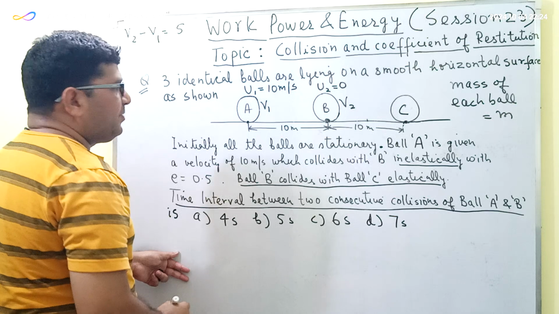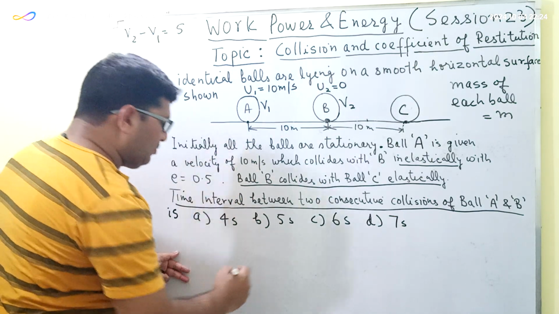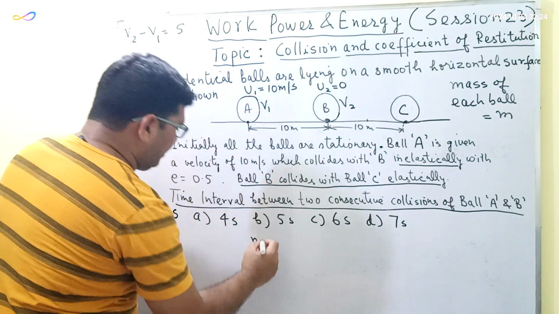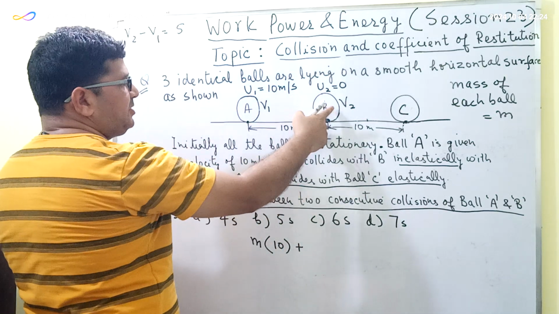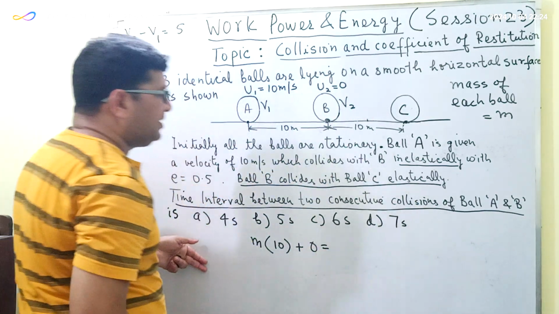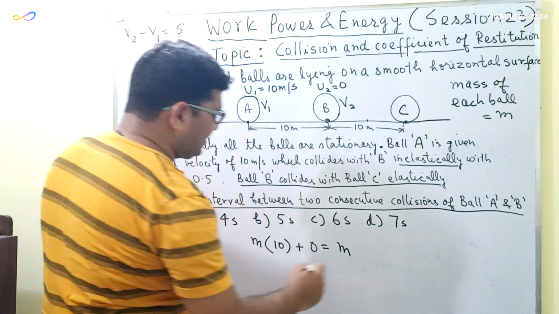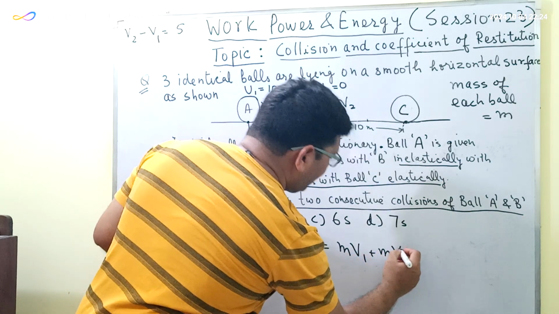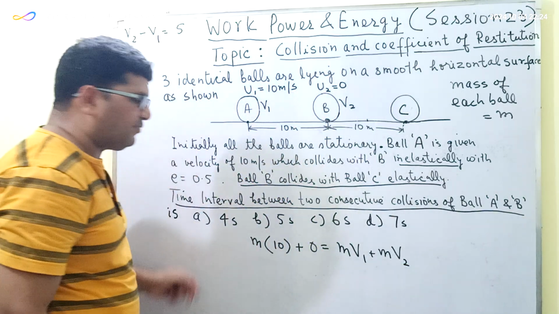The total initial linear momentum before the collision is m times 10, plus the mass of ball B, m into 0, which is 0, and this equals the mass of ball A, m, multiplied by v1, plus the mass of ball B multiplied by its velocity after the collision, v2.